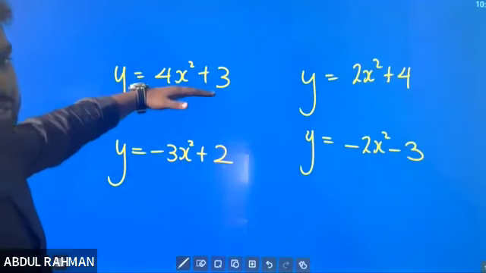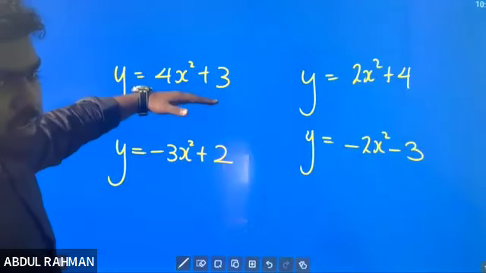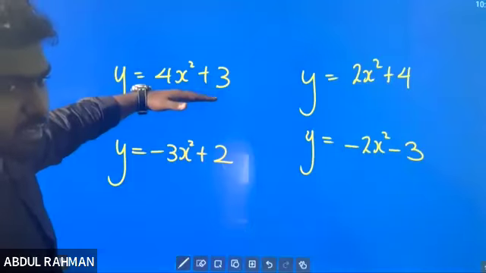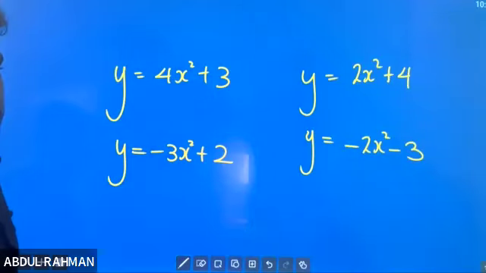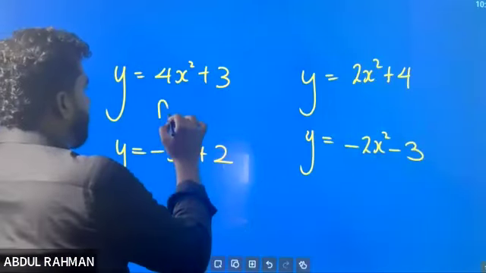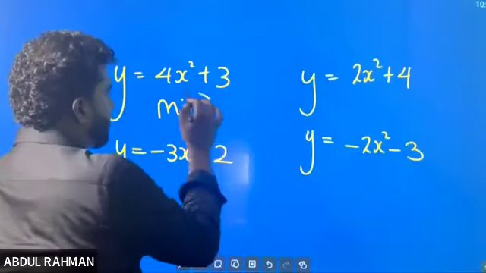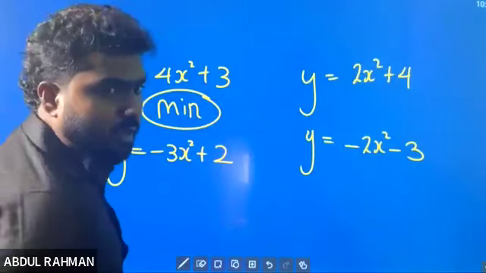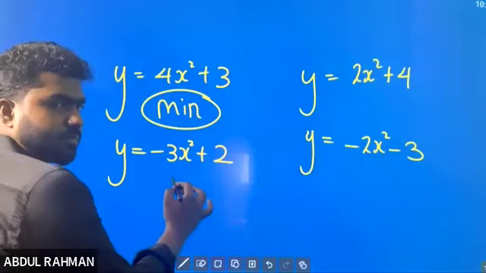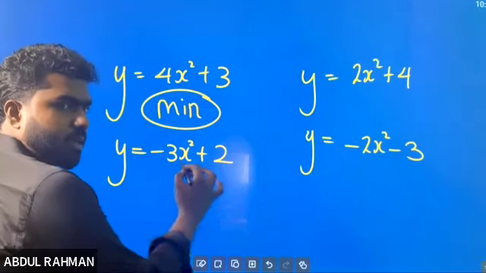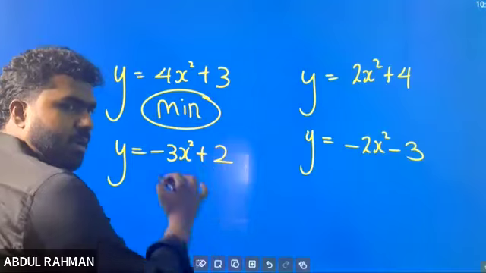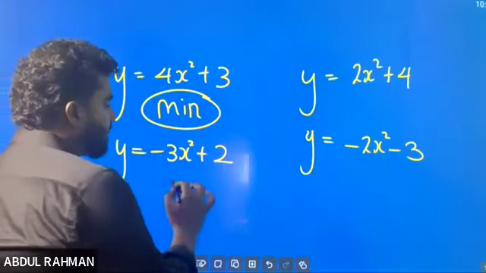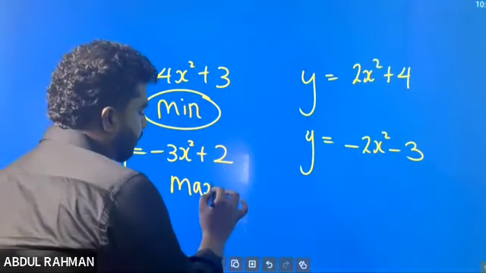Can I know what is the nature of this graph? If it's minimum, that should be a heart. If it's a maximum, it should be an emoji. This is a minimum graph. You guys confirm that is a minimum graph. Yes, it is correct. What about this graph?